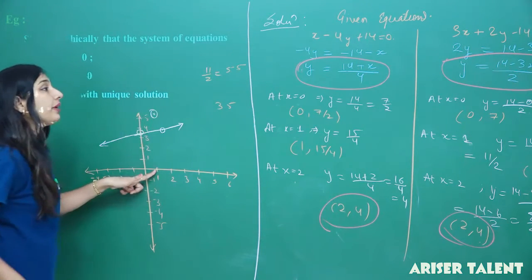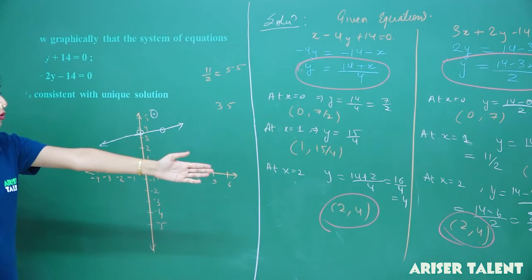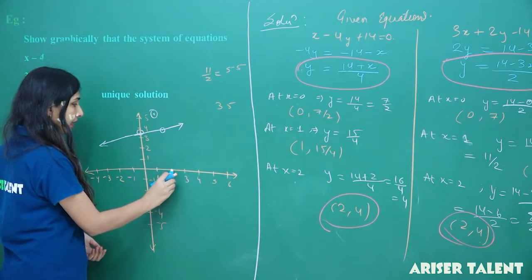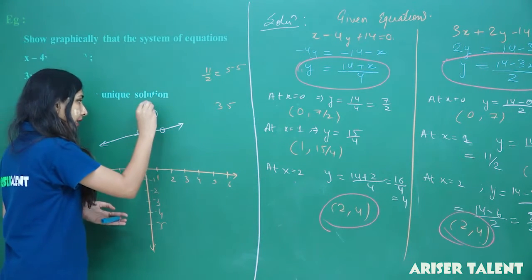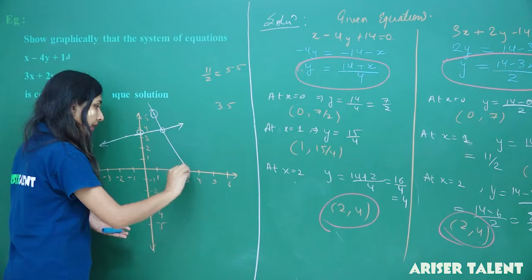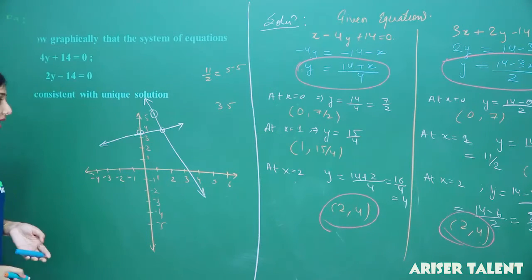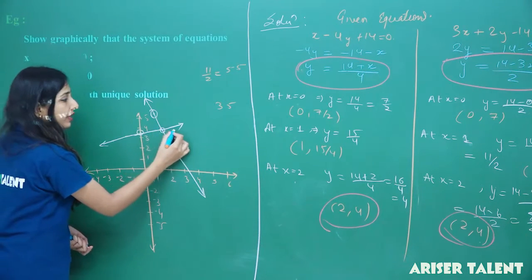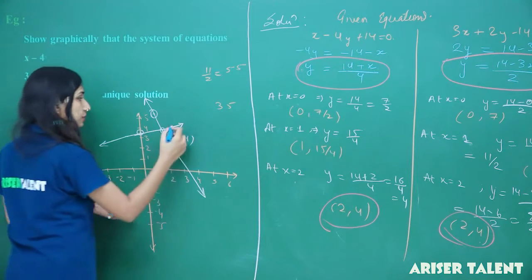So, this is the first point. Now, the second point, I will be taking the same 2 and 4. Okay. So, 2 here and 4 there. So, again the same point. So, the line will be like this. Okay. Right. So, they will intersect at this point. Now, this point is what? 2 and 4. Now, this line's equation is what?